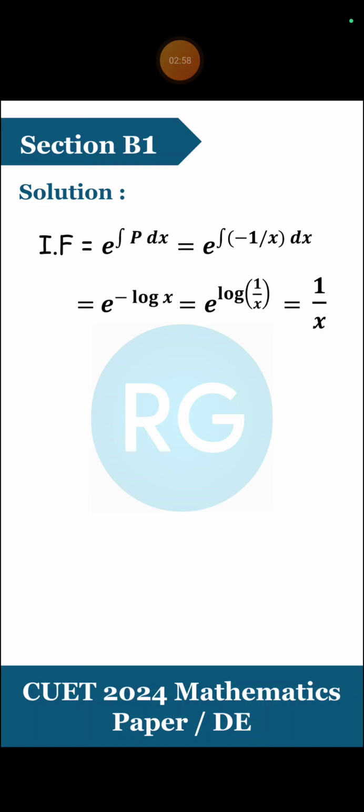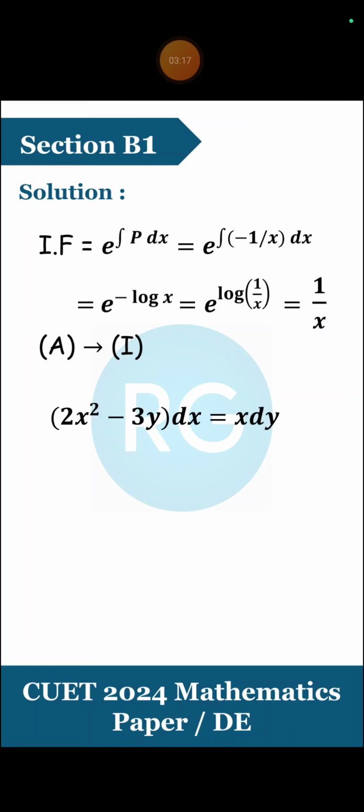So I'm going to get the answer as 1 by x. So that makes A is related with 1, right? So this is how I have two options which is correct, where 1 and 2, both the options have A related with 1. Now I have to go for B part, and then I think I can be sure of which is the correct answer, right?